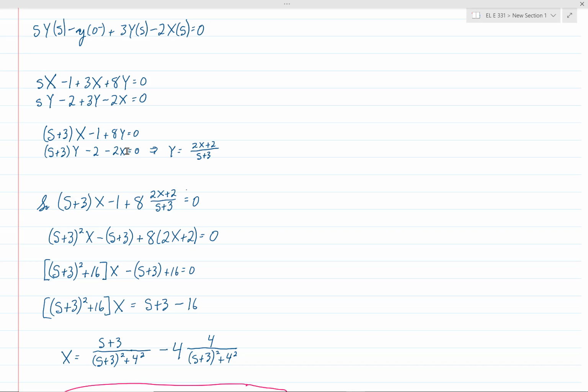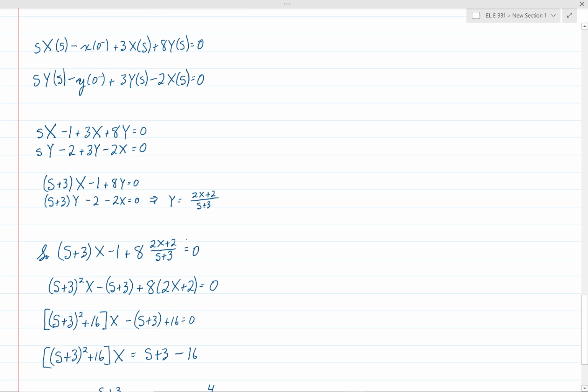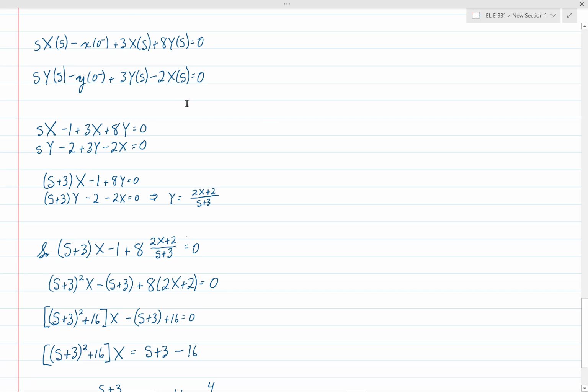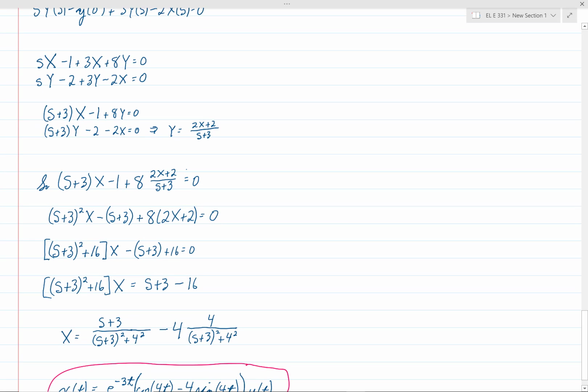It will work out even if you had solved the second equation for X and plugged in there, or solved the first equation for Y and plugged in there. It's just however you want to do it. But the point is that once we take the Laplace transform of these differential equations, we get two equations in the s domain that are easy to work with.